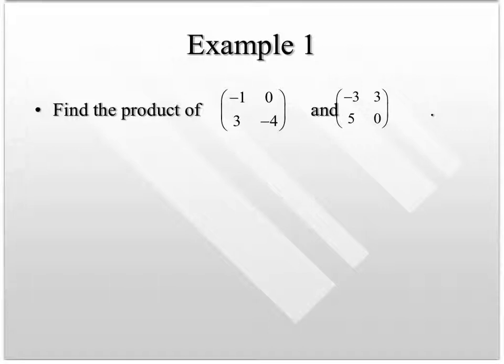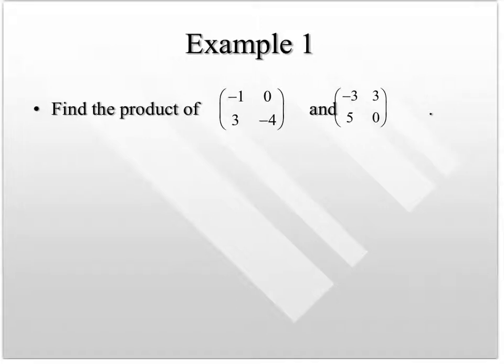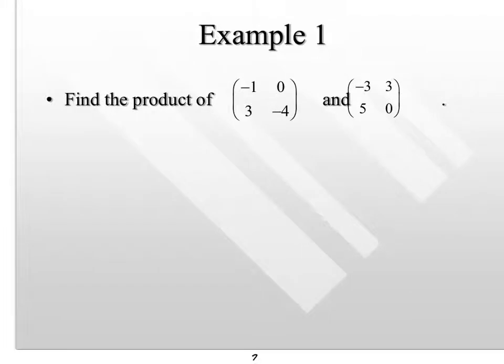We want to find the product of these two guys, and the way that we multiply matrices is a little bit different than scalar multiplication. Okay, so the idea is I am going to multiply these two guys and create a new matrix. I have negative 1, 0, 3, negative 4.